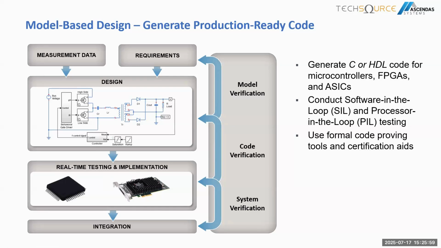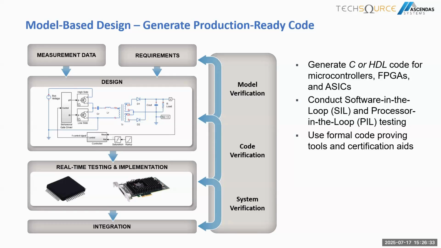So model-based design is able to help you generate C or HDL code for implementing control algorithms on microprocessors, for example, or FPGAs, ASICs, as maybe you have ASIC applications also for power electronics or electrification, to conduct software in the loop testing or processor in the loop testing to verify the numerical behavior of your compiled code.